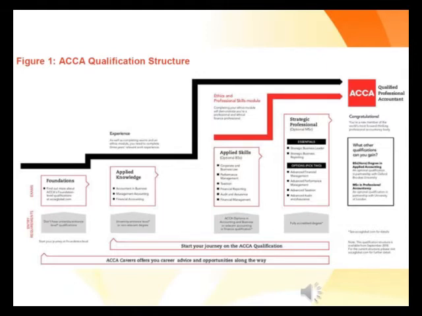Then you will finish 13 papers for the ACCA examination. In order to be a qualified professional accountant, you need to have three years of working experience in industry. Then after you finish all of this, you are qualified as a professional accountant.